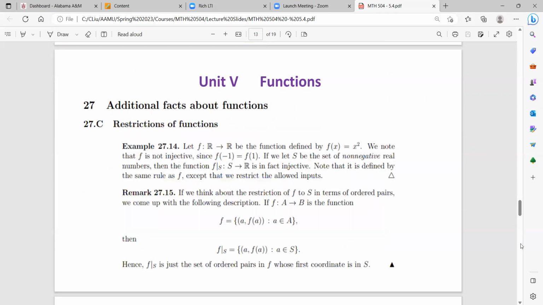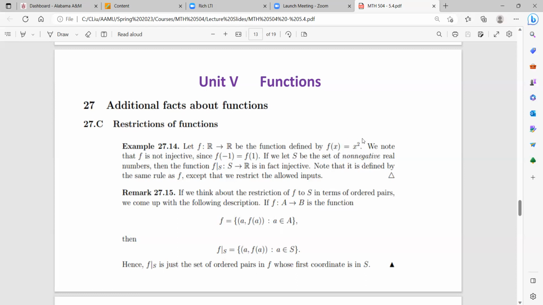So how does it make sense? If you look at some examples, you see why we need that. It's actually very frequent to have this kind of function. Suppose we start from a function from R to R defined by f(x) equals x squared.